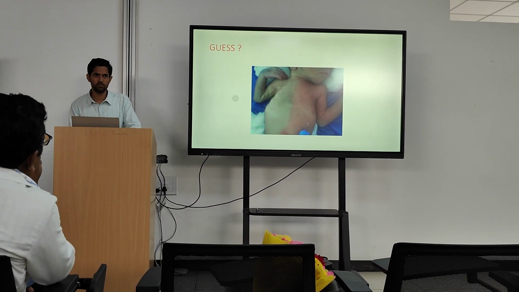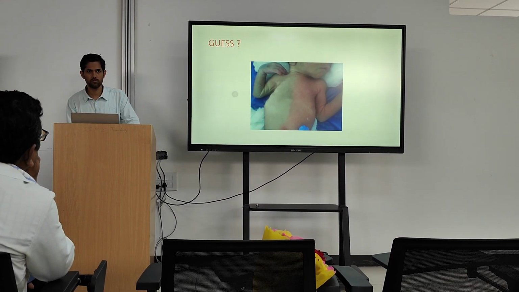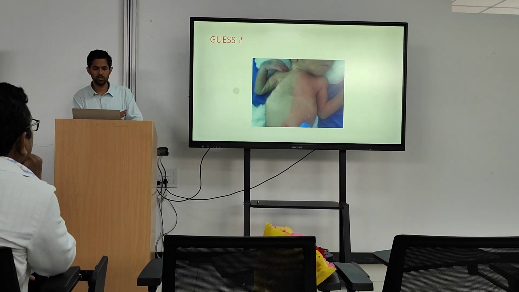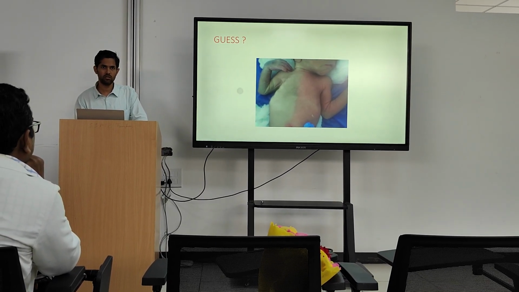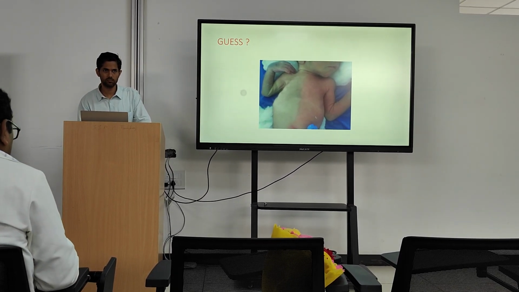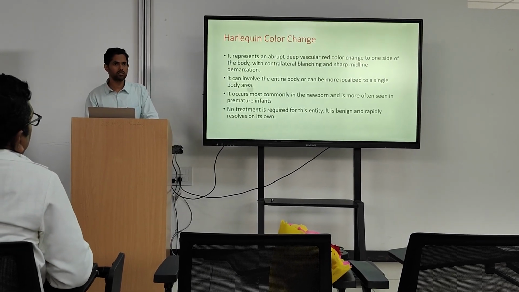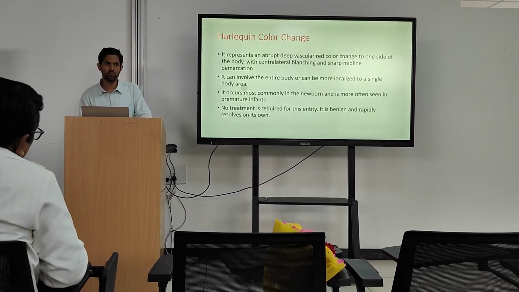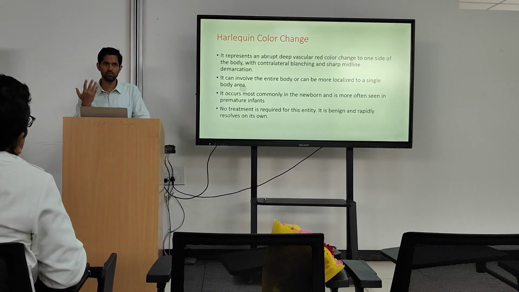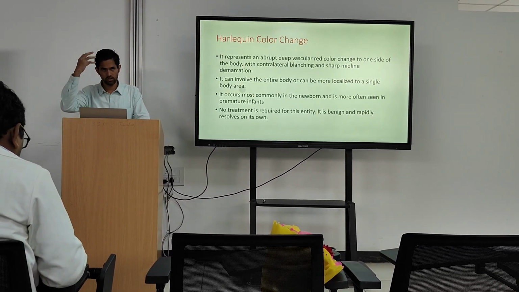What is this? So one side is one color, another half of the body is another color. So this is called Harlequin color change. You could have seen the Joker, where one half is one color, another half is another color, with the hat.